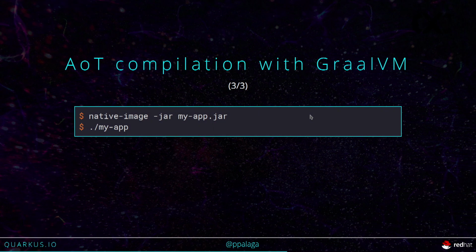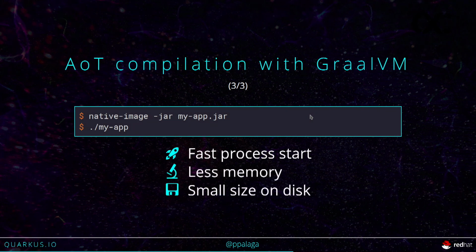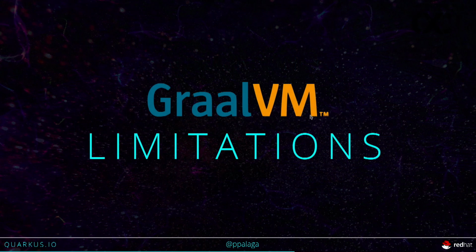Good. If you work manually with GraalVM, this is how you are going to produce your native executable. And the result is what we have seen in the initial demo. Fast start, less memory, and small size on disk.